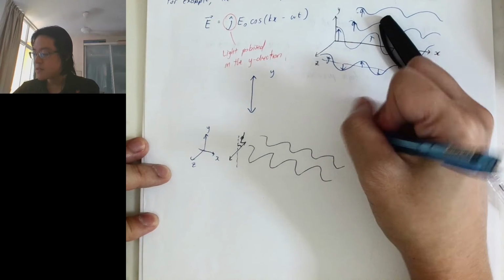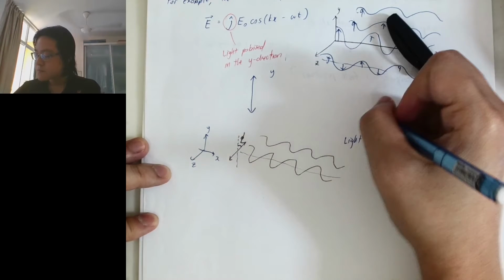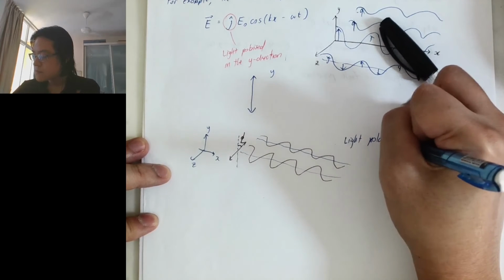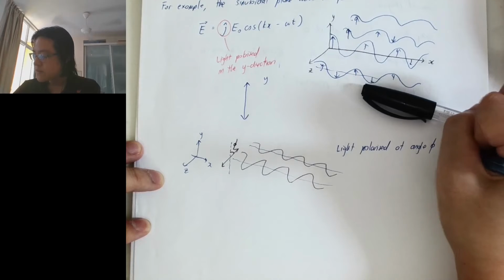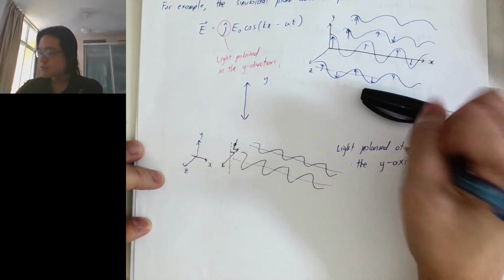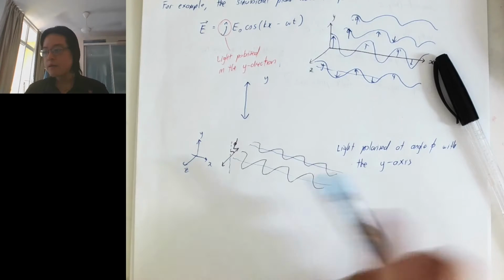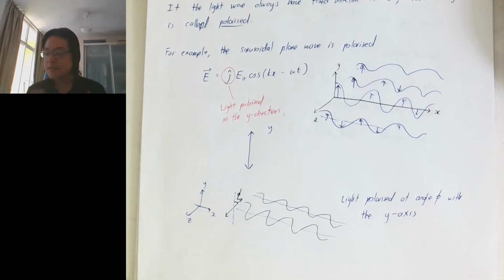So this is light polarized at angle phi with the y-axis. In general, the polarization could be in any direction. So this is what we talk about when we talk about the polarization of light. We start to care about the direction of the electric field.